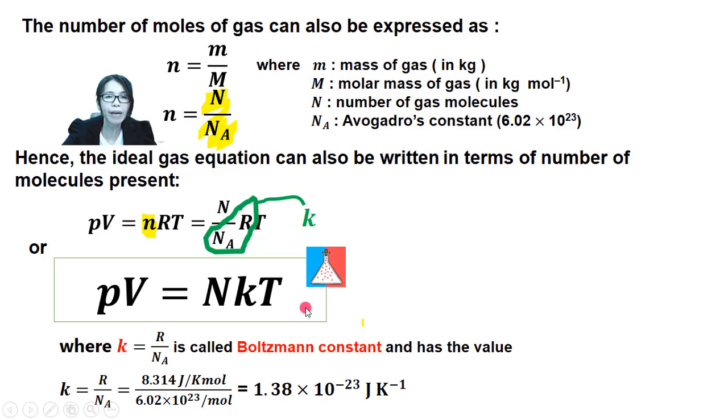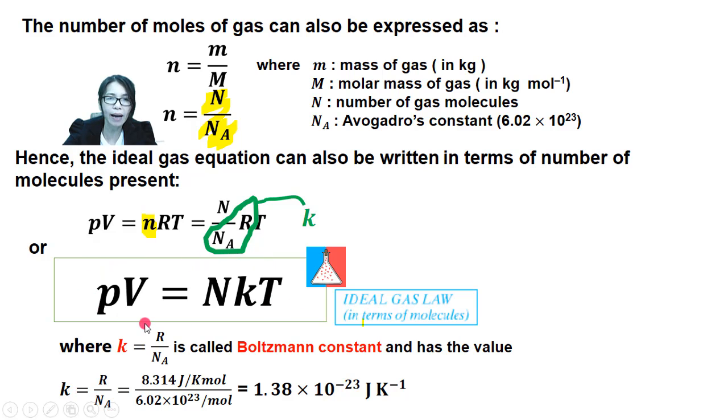So I can write the ideal gas equation in terms of the number of molecules, whereby we have PV equal to NkT.